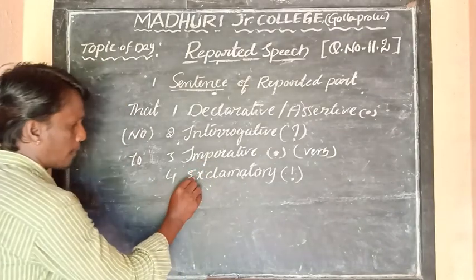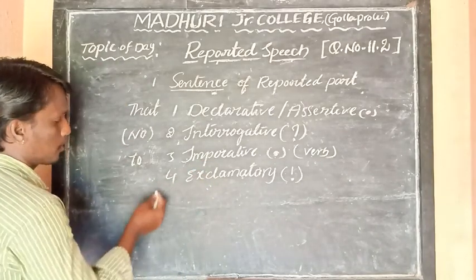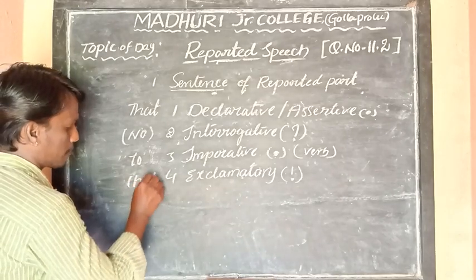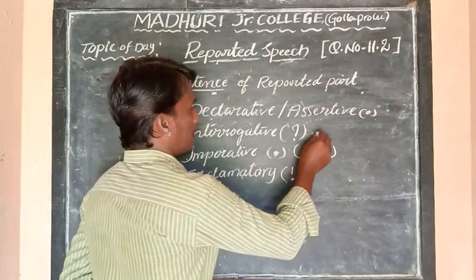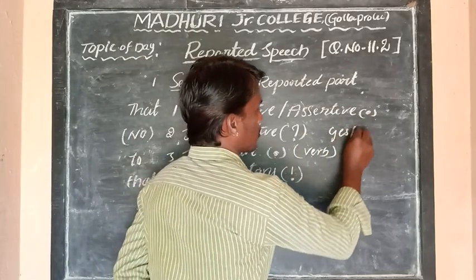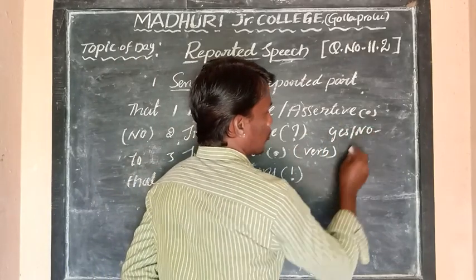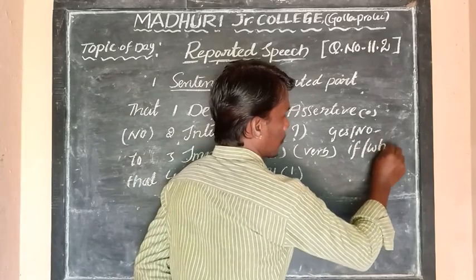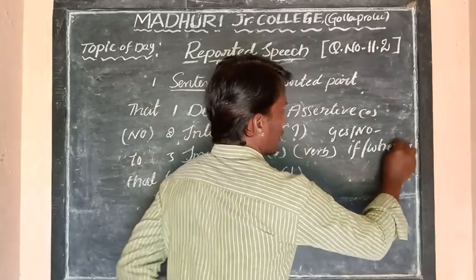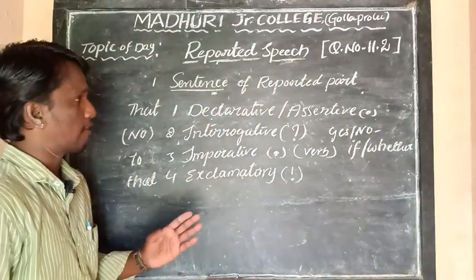Whereas when you find an exclamatory sentence, you should use the conjunction that. But in a yes or no type question, you go for the conjunctions if or whether. So these are very important.